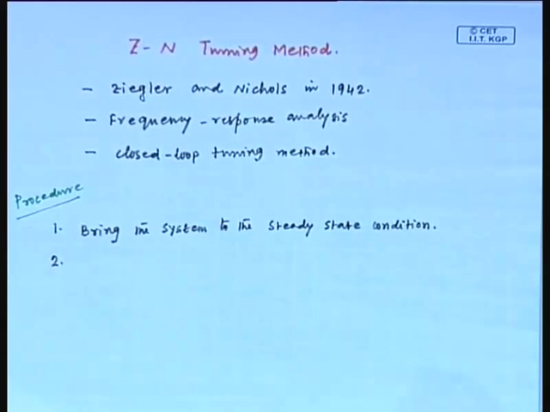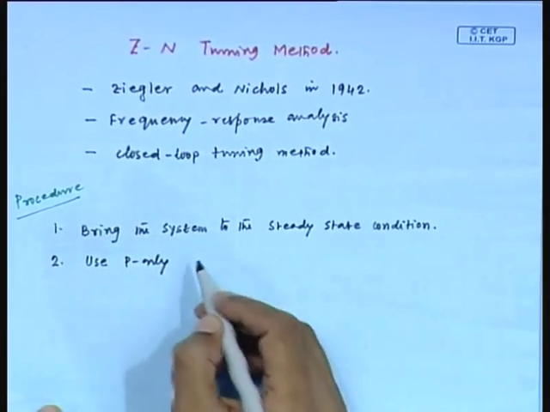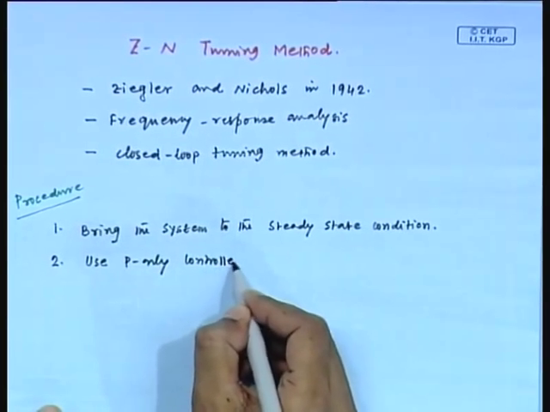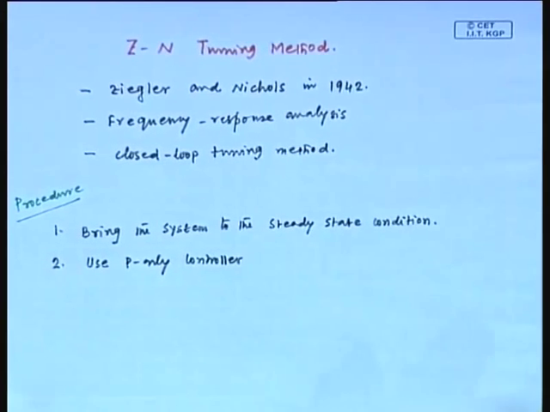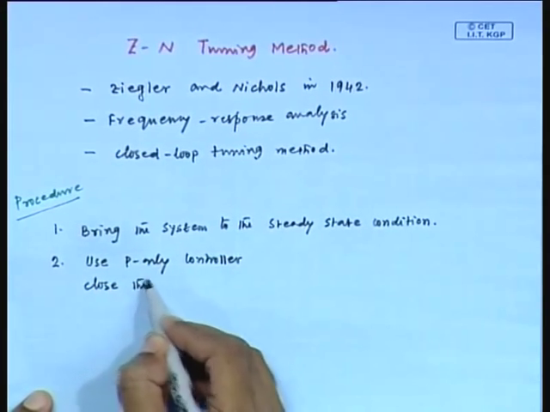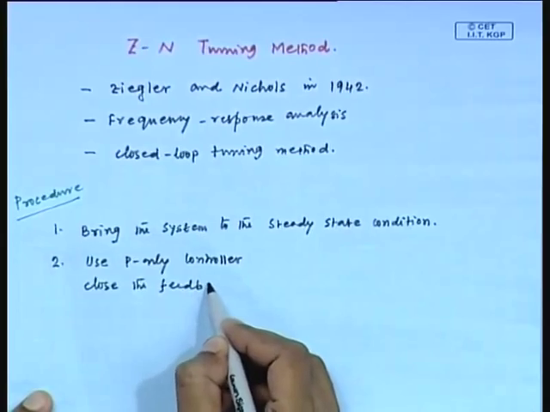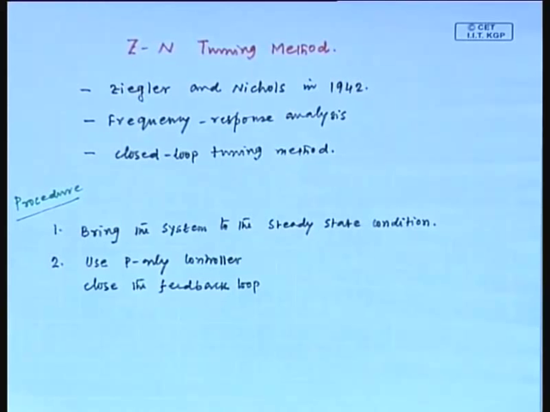Secondly, use the P only controller. You cannot use PI or PID. So, first you use P only controller. At the same time you close the feedback loop. Apply the P only controller and close the feedback loop.